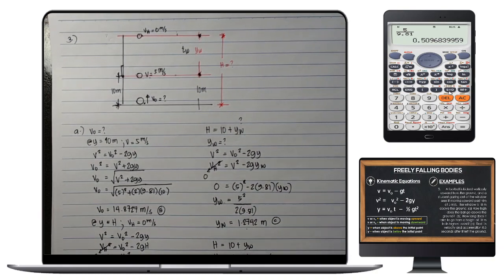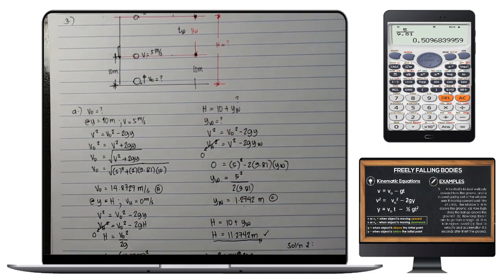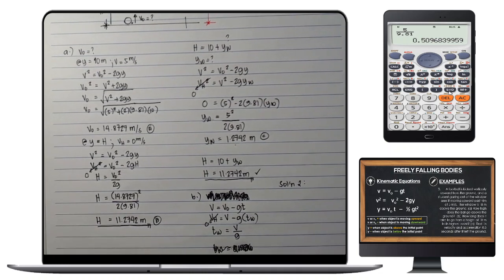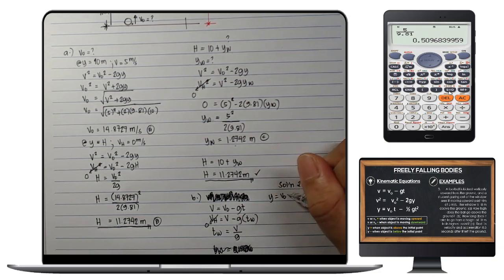Okay? So let's say you want to find the value of t sub w using the third equation, that is y is equal to vot minus 1/2 gt square. So yung y natin dito is y sub w.